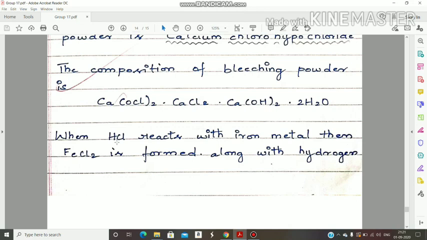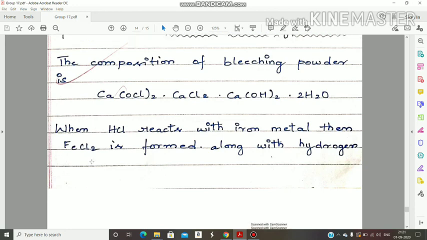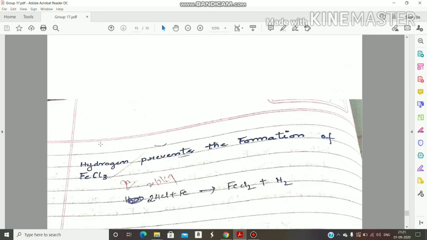When HCl reacts with iron metal, initially hydrogen will be formed. That hydrogen prevents the formation of FeCl3, nothing but ferric chloride, so that FeCl2 will be formed. So the final reaction is, when HCl reacts with Fe, FeCl2 will be formed. First H2 will be formed, after that FeCl2 will be formed.